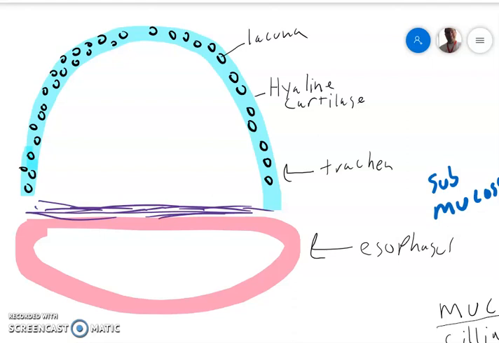Now, we have a layer called the submucosa underneath that is mostly areolar connective tissue. So I'm going to just draw in the submucosal layer. This is going to have arteries and veins. So let's draw some nice round arteries with a thick muscularis.